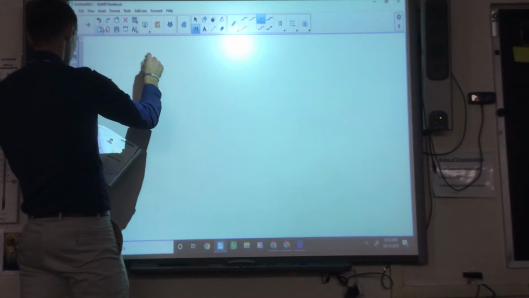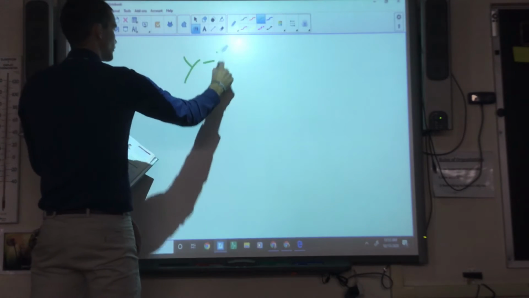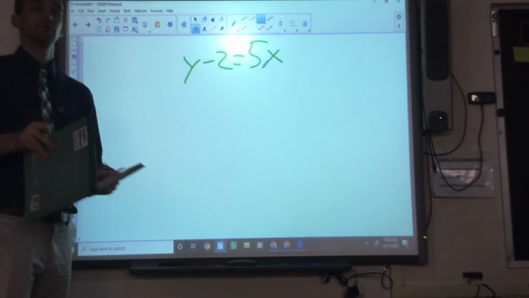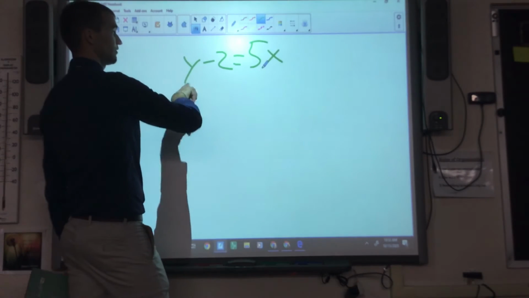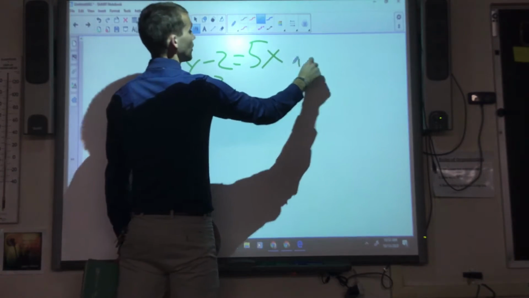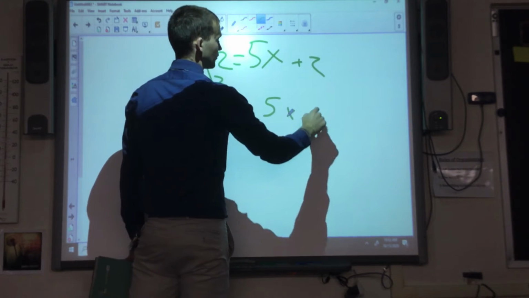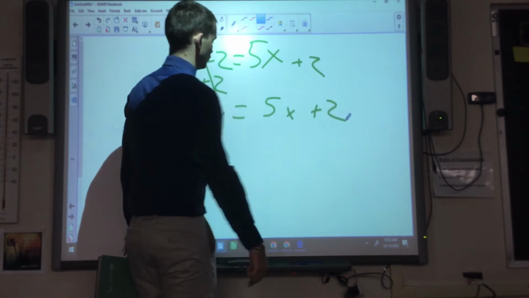B, they have y minus 2 equals 5x. So again, I want y by itself over on this side. So I add 2, y equals 5x plus 2.